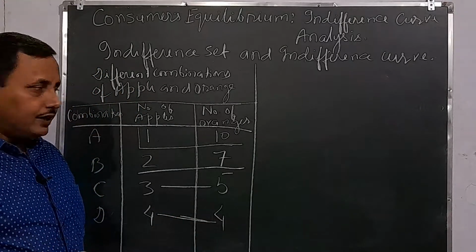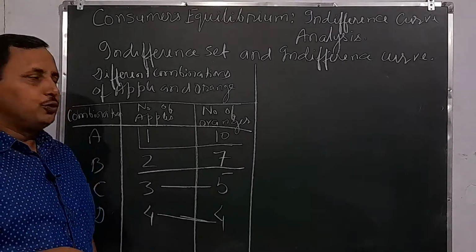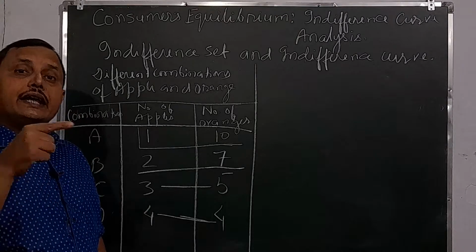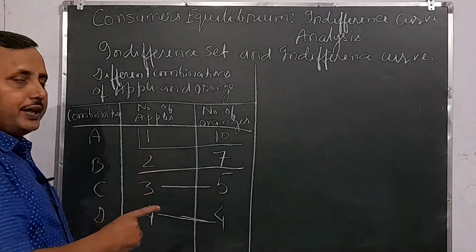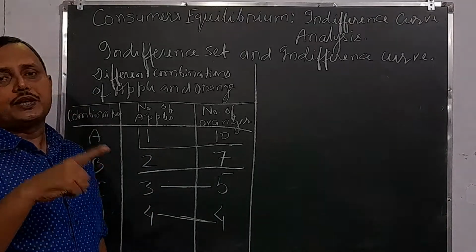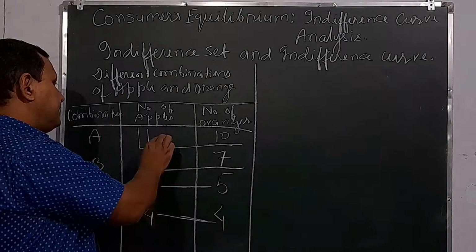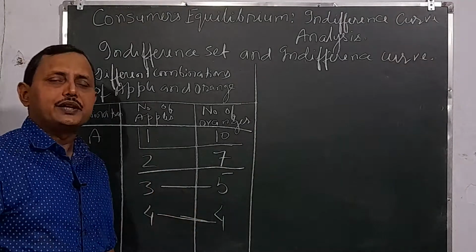It doesn't matter which combination the consumer is consuming. In all combinations, the consumer is getting equal satisfaction. All these combinations provide equal satisfaction, so the consumer is indifferent whether he consumes the first, second, third or fourth combination.